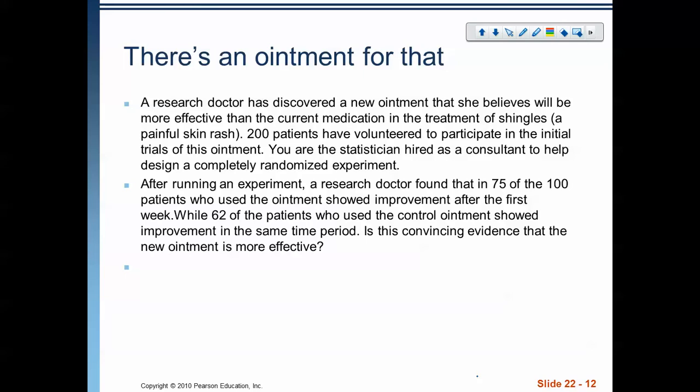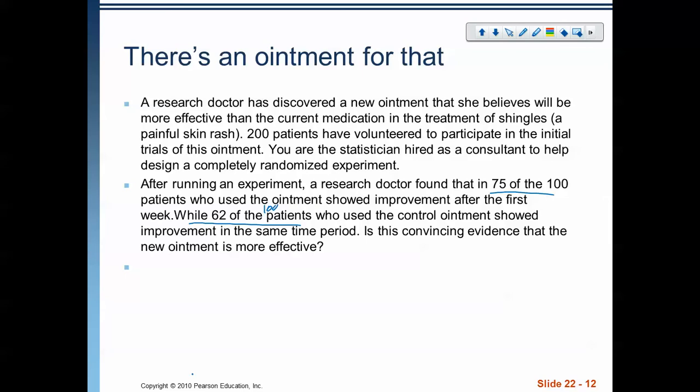So, after running this experiment, a research doctor found that 75 of the 100 patients who used the ointment showed improvement after the first week, while 62 of the 100 patients who used the control ointment showed improvement in the same time period.